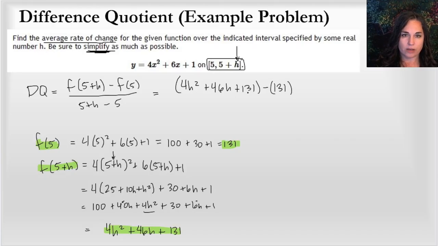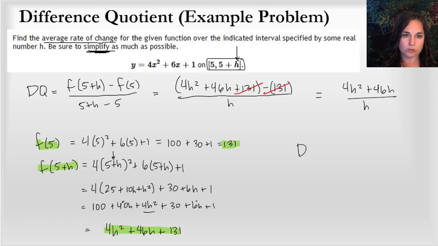That's f of 5. And then I'm going to divide by 5 plus h minus 5, h. Okay, so beautiful things happen that we like. I have a plus 131 here and a minus 131 here. Those two cancel each other out. So I get this intermediate expression in here, 4h squared plus 46h divided by h.